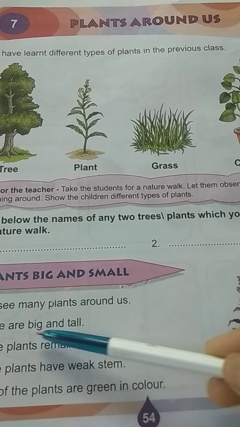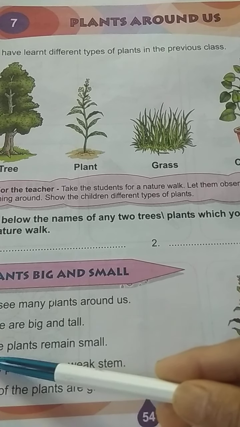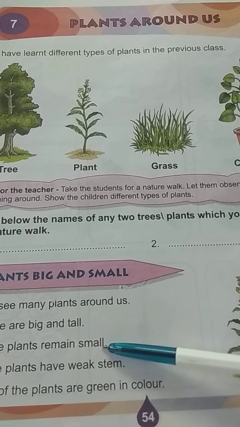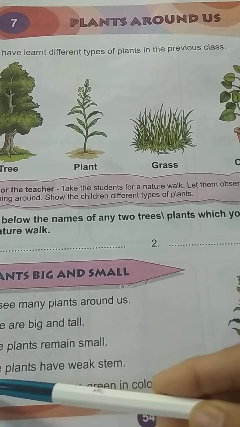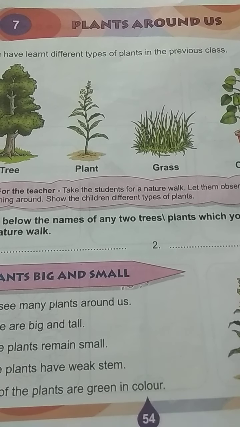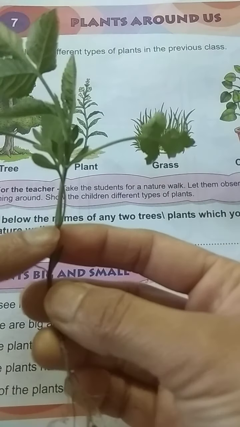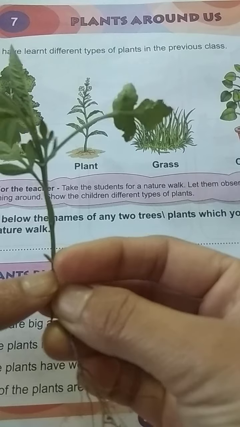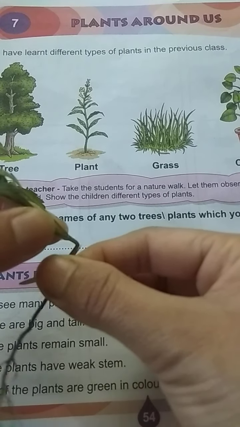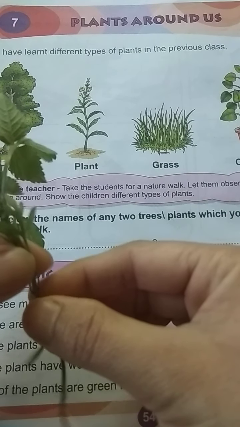Some are big and tall. Some plants remain always small. And some plants have weak stem. Weak stem means if you see the stem of this plant, it is greenish in color, and if you want to bend it, it can easily bend. So it's a plant with a weak stem.